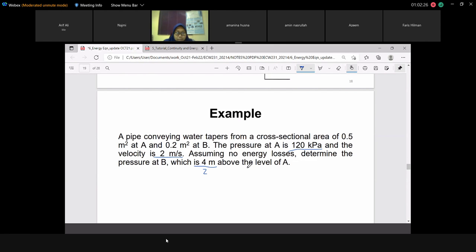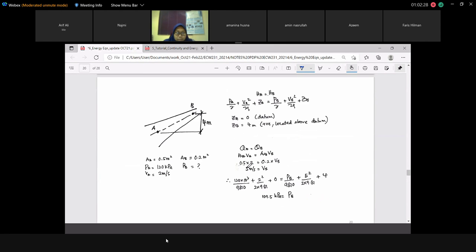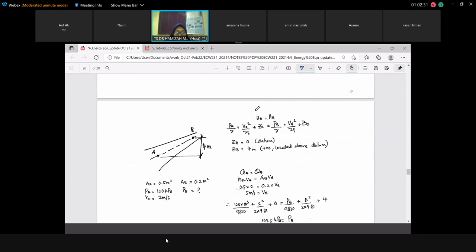Okay, just write down the Bernoulli punya principle, which is head A equals to head B. So using the total energy equation, we have potential energy, kinetic energy, and also pressure energy. So ZA is considered as datum, 0. ZB is the elevation from point A to point B, 4 meter.